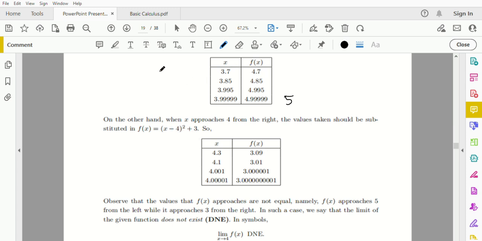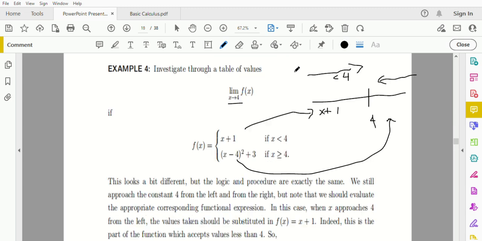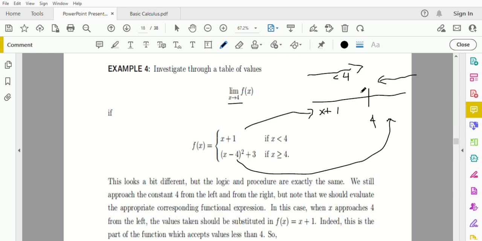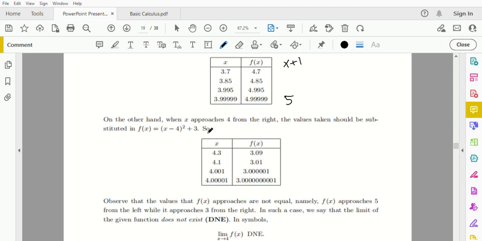And this one, since it's less than 4, uses x plus 1. That is why we have 3.7 plus 1, 4.7, 3.85 plus 1, 4.85, and so on. From the right of 4, we use the square of x minus 4, and then plus 3. Take note, we have here 3.